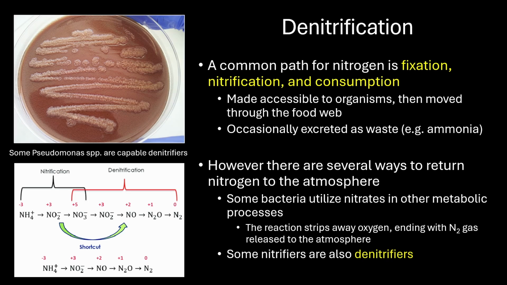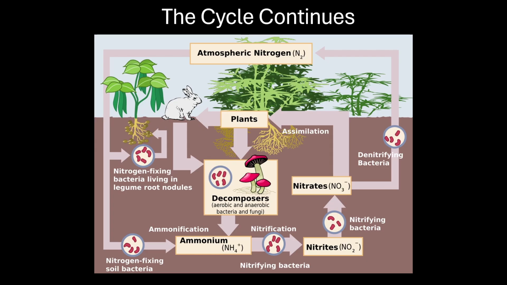So these are the denitrifiers, doing the thing that we call denitrification. And the really curious thing is that sometimes we have nitrifiers, species that will take ammonia and react it to form those nitrates and nitrites, that are also denitrifiers. They will take those nitrates and nitrites and react them to produce nitrogen gas.